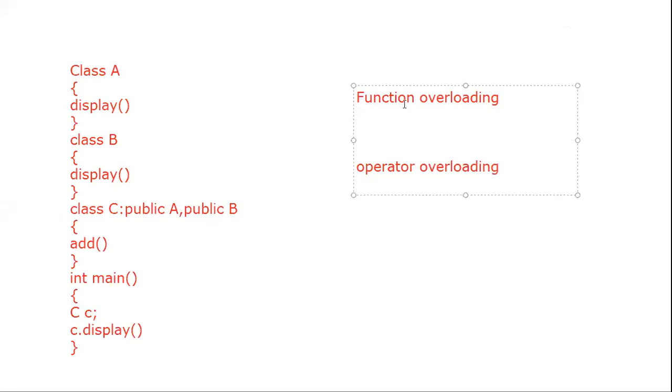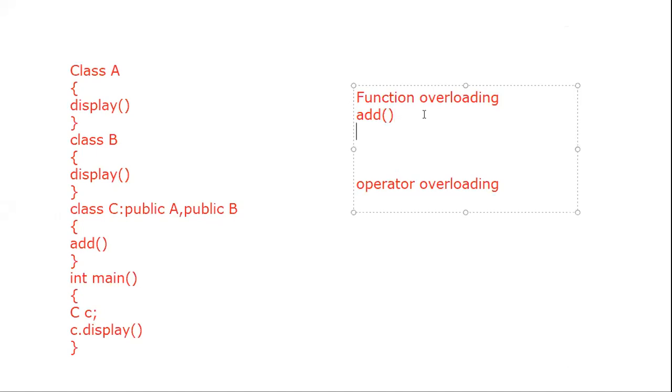In function overloading, we can use the same function name inside the class, but it will accept different parameters. So this concept is called function overloading.